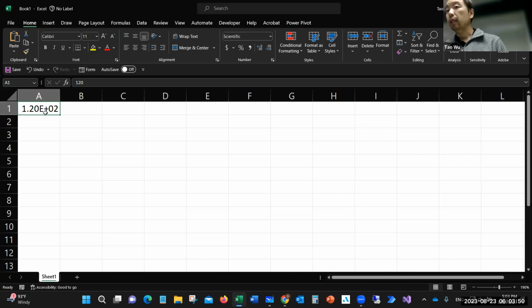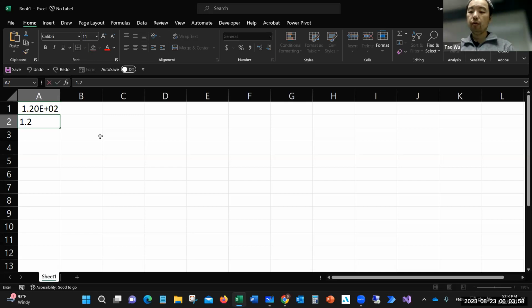The E with a number means 10 to the something. So 1.2E negative 2 means 1.2 times 10 to the negative 2.